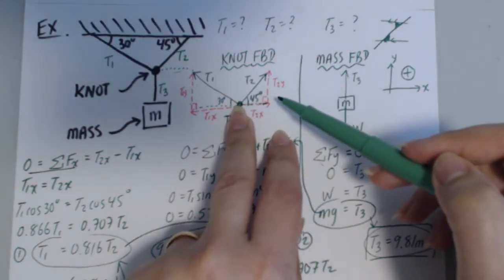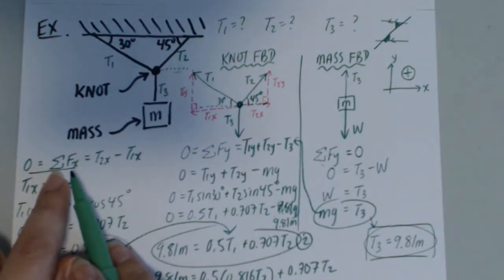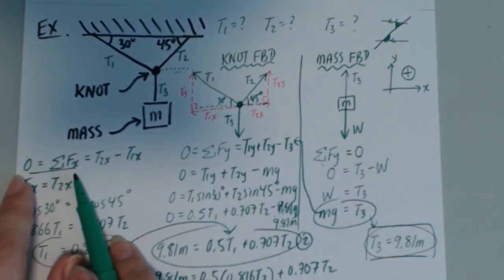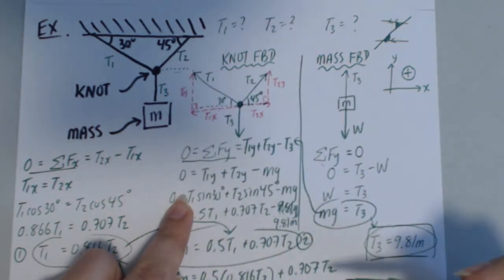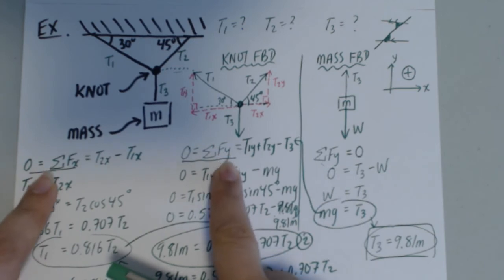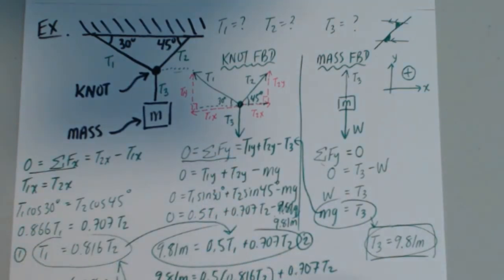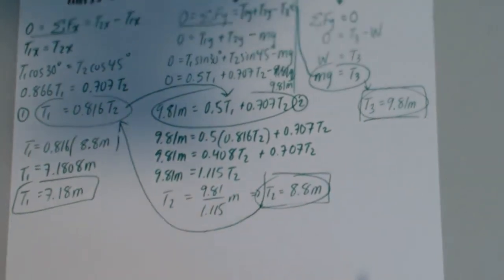Next, I looked at the knot. Since this is dealing with forces in the x and the y direction, I set up an expression for the sum of the forces in the x equal to 0, and the sum of the forces in the y equal to 0. Using each of these systems, I came up with expressions which I substituted into each other and ended up with T1, T2, and T3.